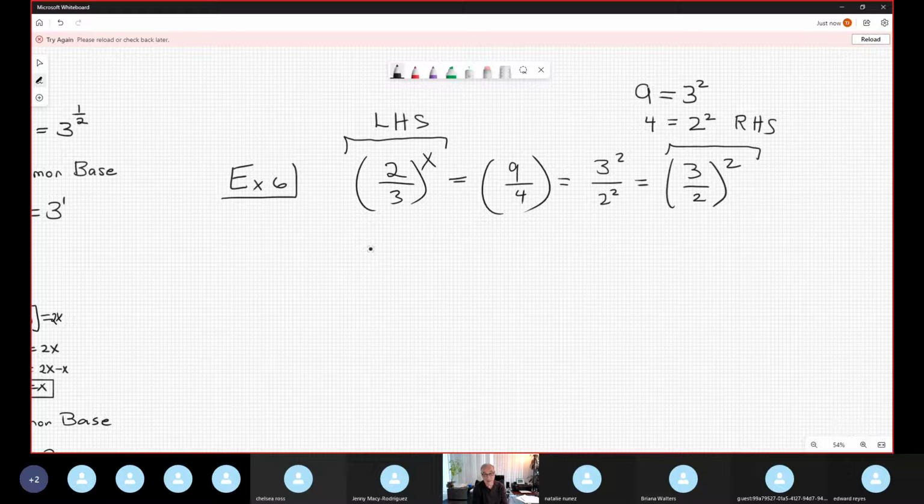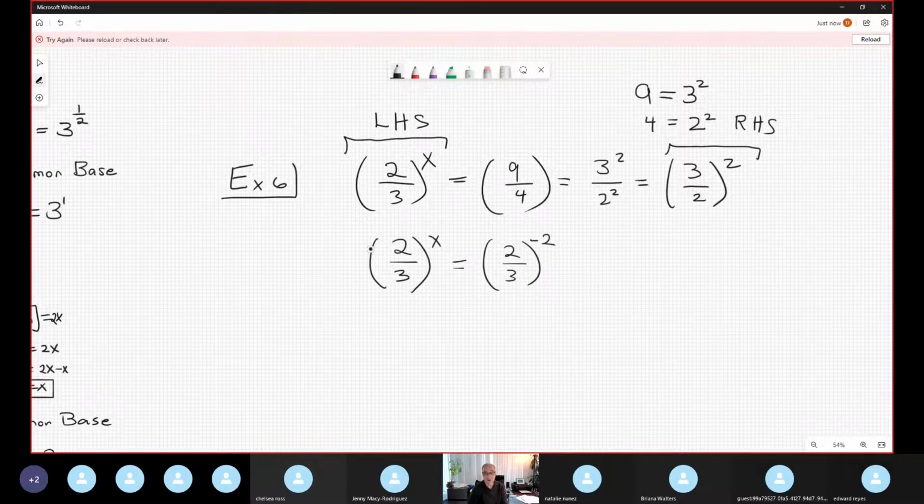So if you flip one of these, it doesn't matter. What do you prefer? You put a negative exponent. So I can write that like that: (2/3) raised to the x. I make a decision, I don't know why, to switch the right-hand side. I put 2/3, the reciprocal, but the exponent is -2.